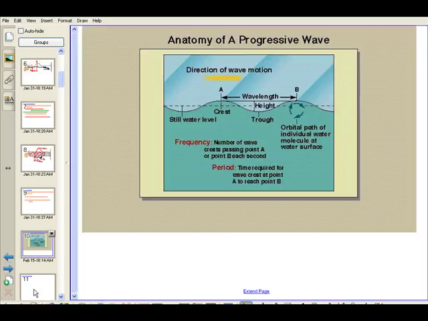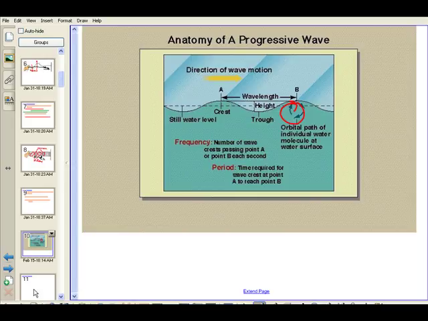So if we look at this, notice it does look a lot like a transverse wave, doesn't it? In fact, we still use the same kind of terms. We use amplitude, we use wavelength, we have crest, we have trough. The difference being that the water is going in a circle.